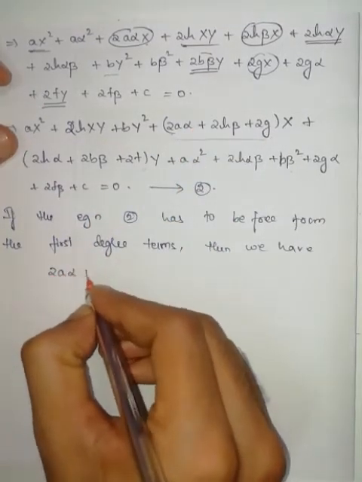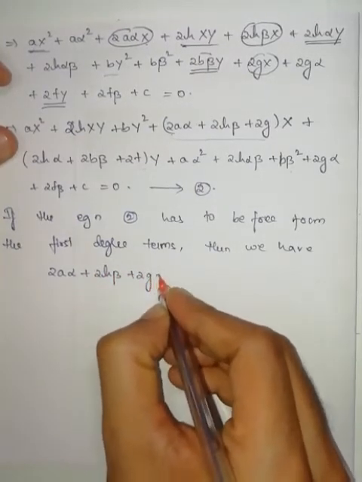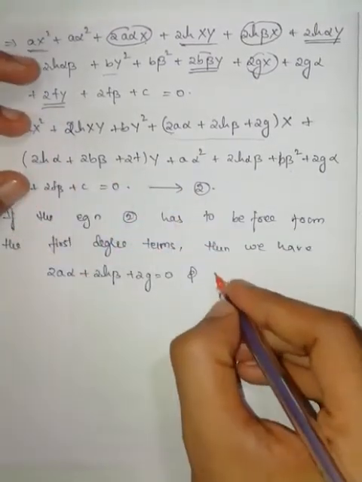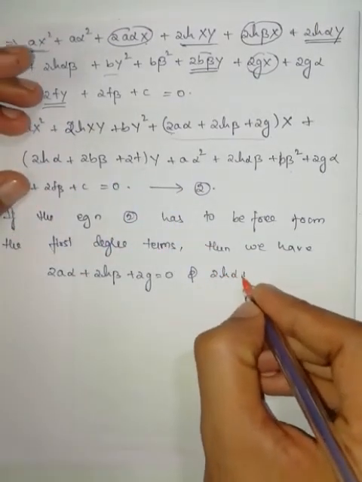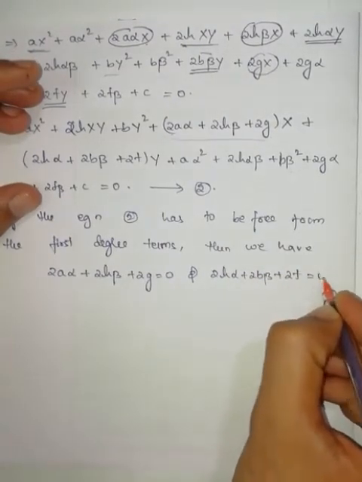2a alpha plus 2h beta plus 2g is equal to 0, and this one 2h alpha plus 2b beta plus 2f is equal to 0.